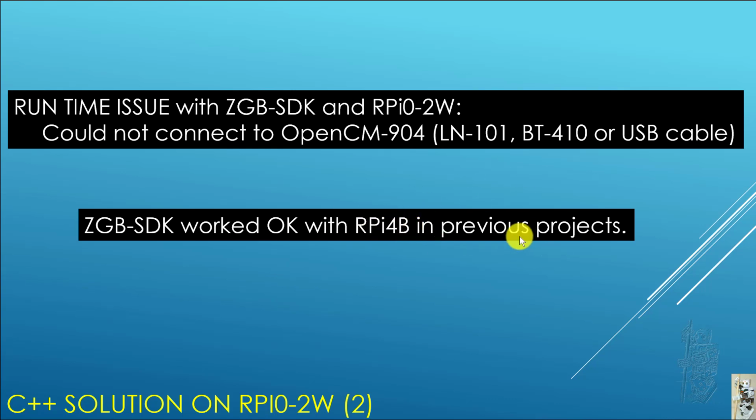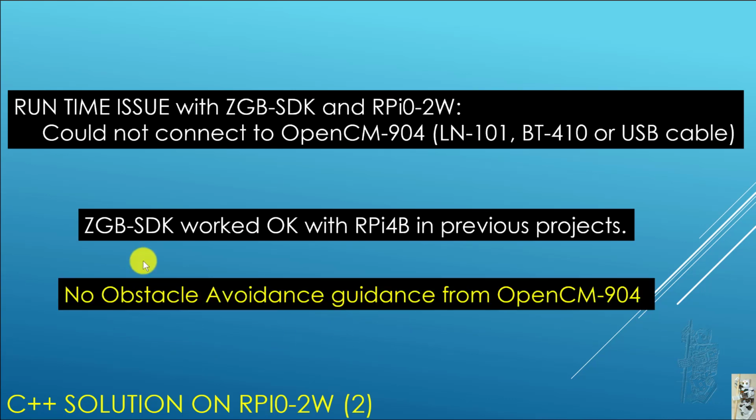And if it doesn't work now, that means a headache again. So therefore, I cannot implement the obstacle avoidance guidance from the OpenCM. For this project, the OpenCM is completely out of the picture. The RPi0-2W really runs the show in this project. I didn't plan to do that, but that's how it turned out to be.